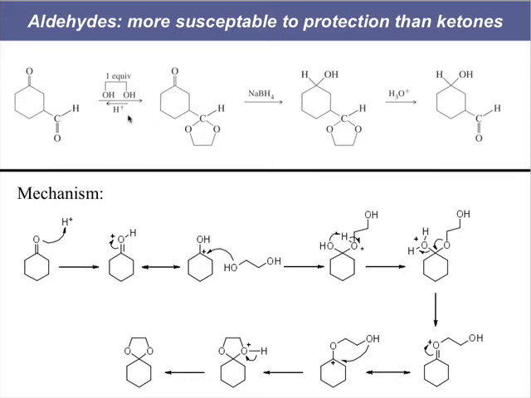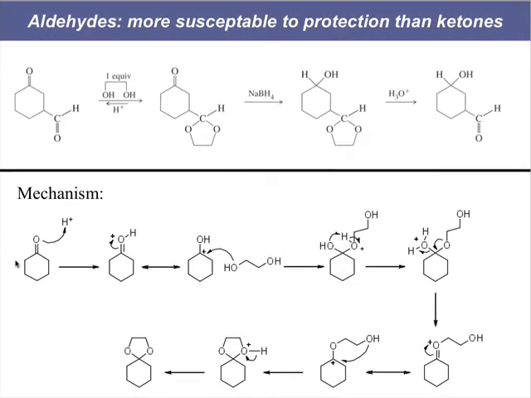That would then allow us, hypothetically, to reduce the ketone in the presence of the masked aldehyde, and then in a later step, reveal the aldehyde again. And notice that we have now specifically reduced our ketone to an alcohol without touching the aldehyde that was there originally. Here's the mechanism for protection.